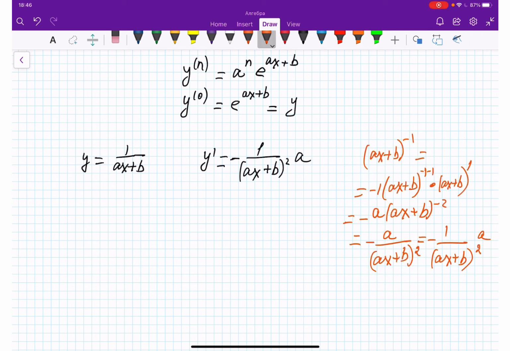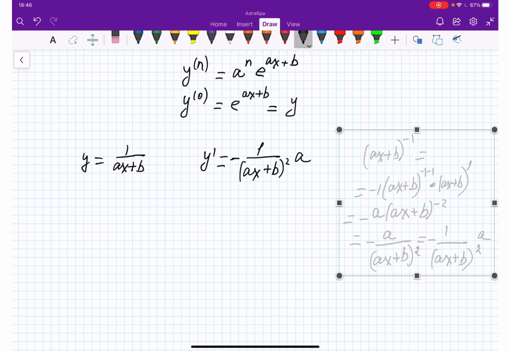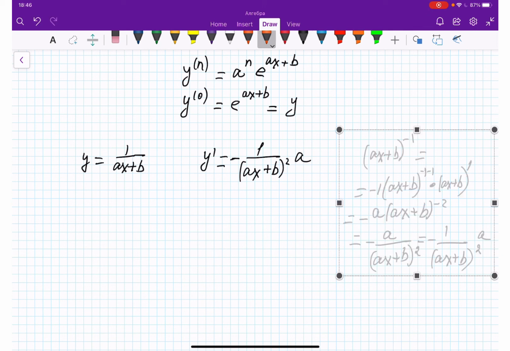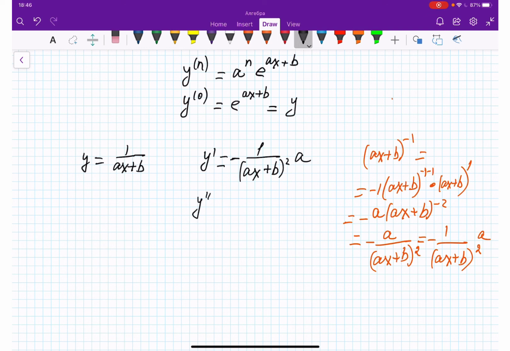Okay, next one. Second derivative. Y second is going to be negative 1 times negative 2 over ax plus b squared, actually cubed, I'm sorry, times a squared.